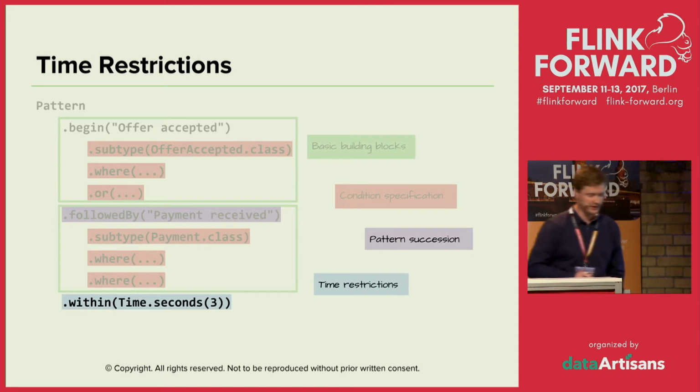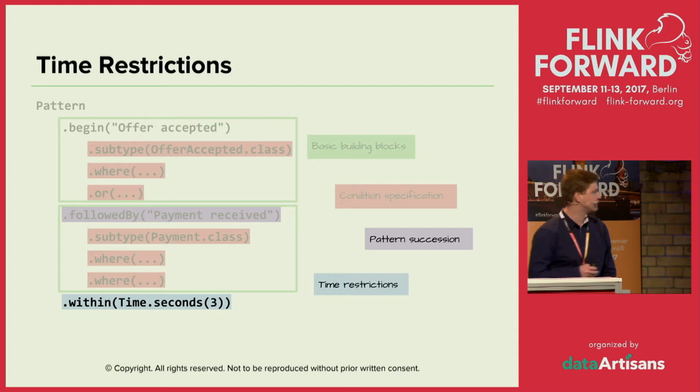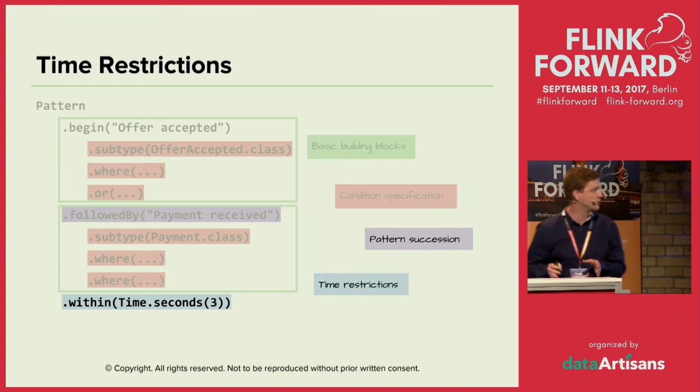Another thing that we can add is an operator within, which specifies a time restriction. It does work a little bit differently than windows in the rest of the Flink stack, as it doesn't wait until the end of a window to generate some results.